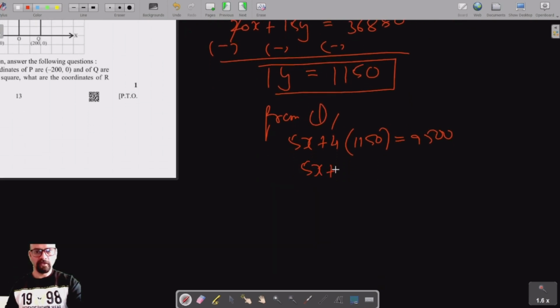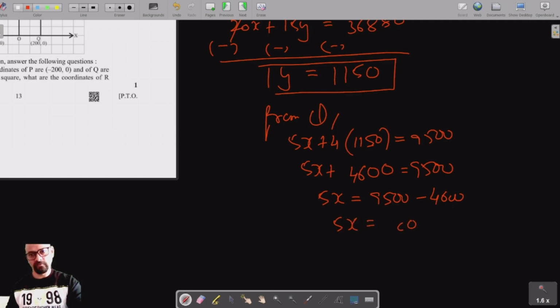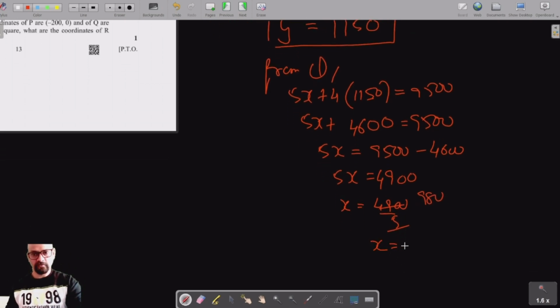Now this is 5x plus 4600, which is 9500, which gives 5x is equal to 9500 minus 4600. So 5x is equal to 4900, and x is 980.